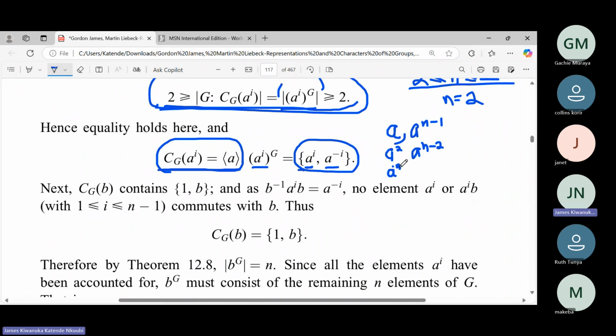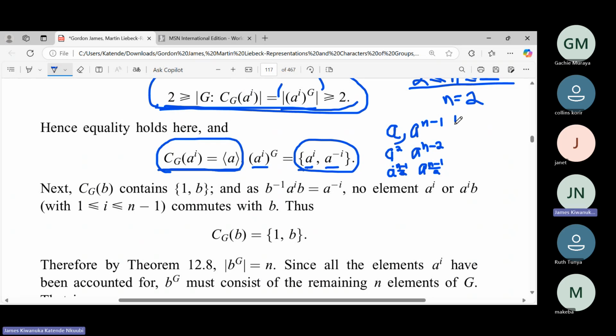Is it (n-1)/2, the last one? Then you have A^((n-1)/2). Remember, n is odd. Will this give us the last one? No, this will not give us. What will be the last one?